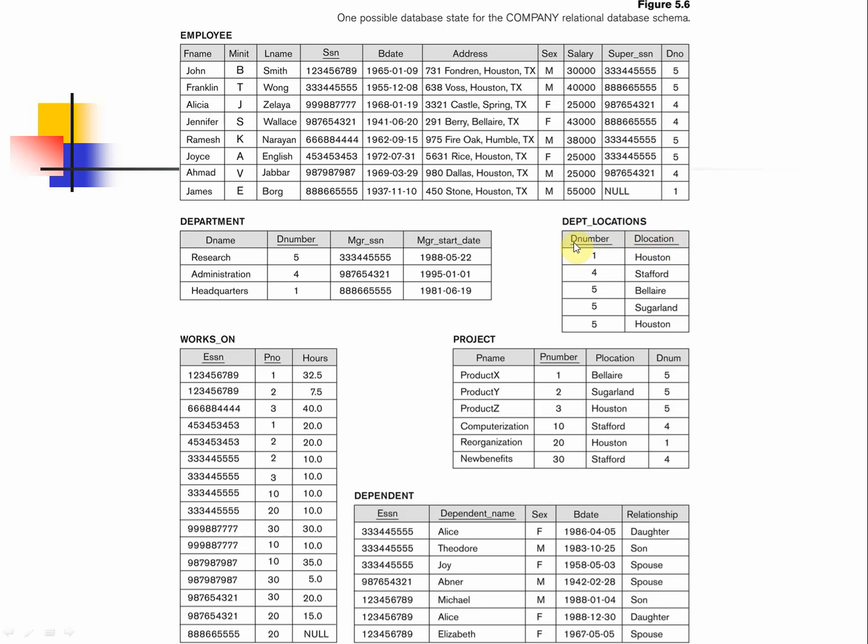Again, if I only underline the department number, you can see that there are 3 tuples referencing department number 5 already, so that cannot be right. If I only underline department location, Houston appears twice over here, and that cannot be allowed either. And that's why underlining both to specify this multi-value concept is necessary.